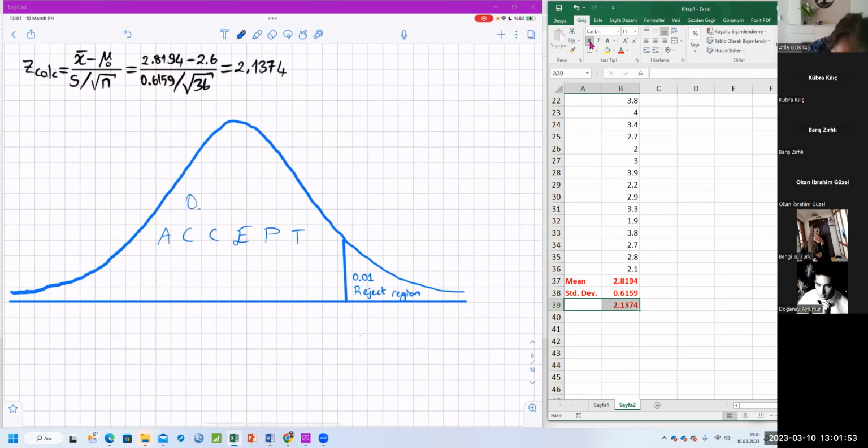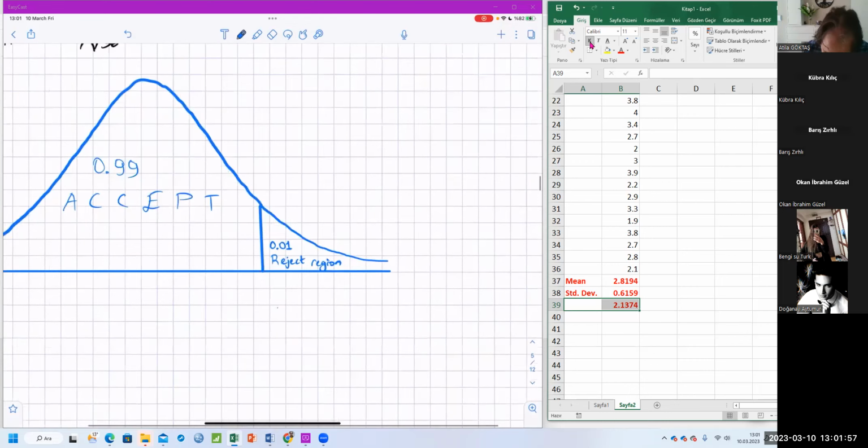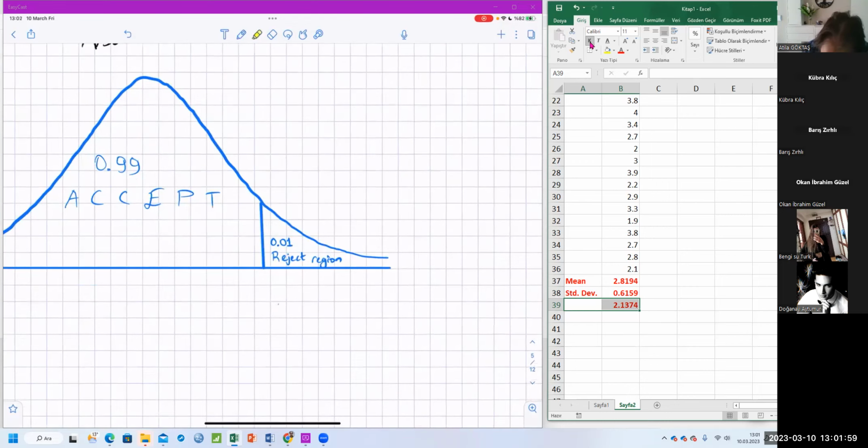This is 0.99. So I'm going to highlight this area. That's the critical region.